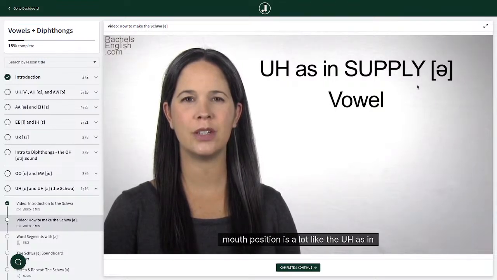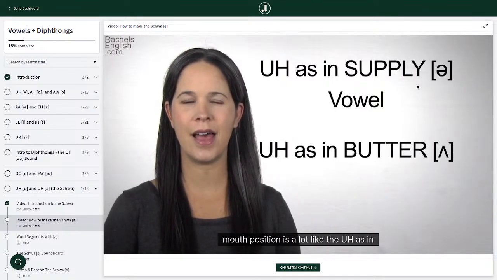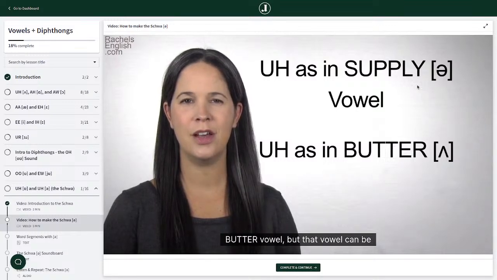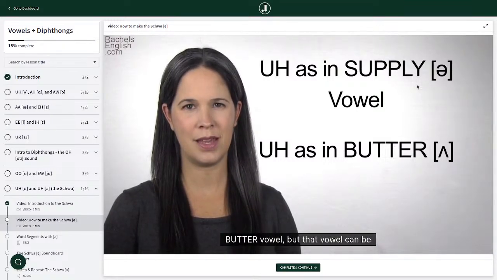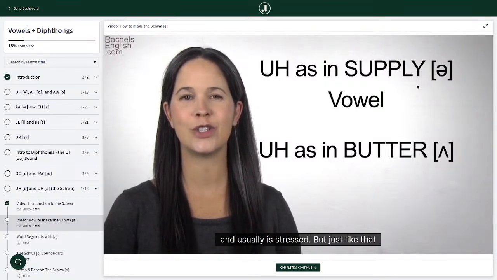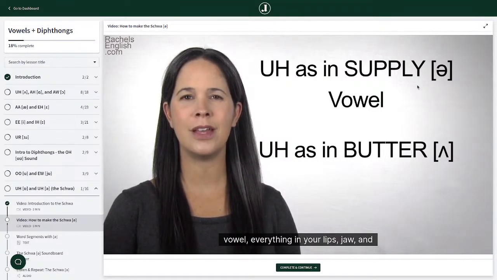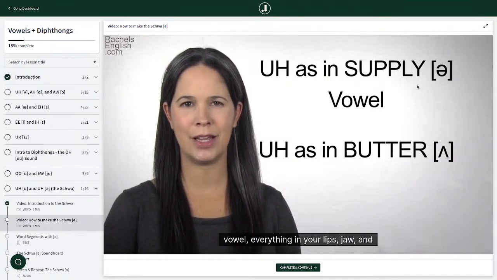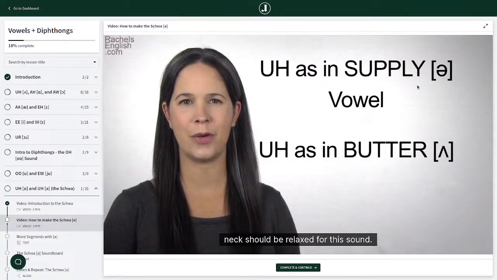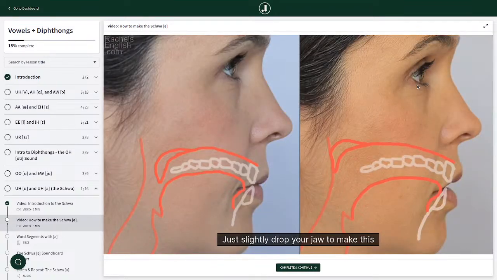The mouth position is a lot like the as in butter vowel, but that vowel can be and usually is stressed. But just like that vowel, everything in your lips, jaw, and neck should be relaxed for this sound. Just slightly drop your jaw to make this sound. The trick is to keep everything else relaxed.